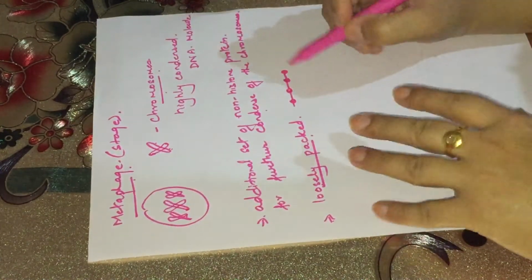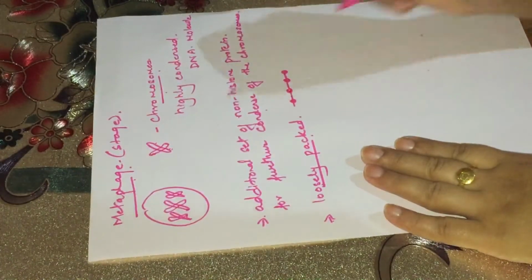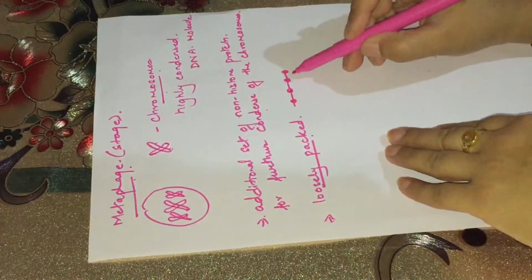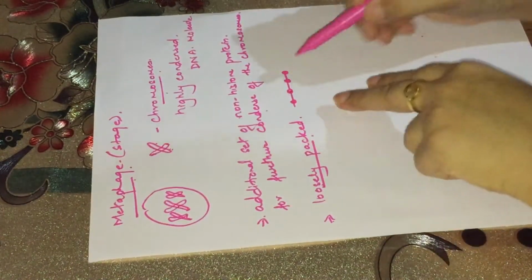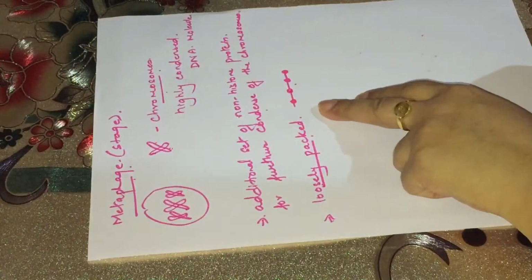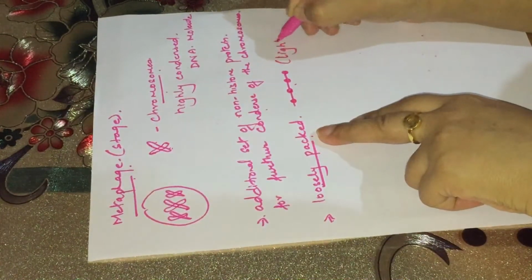When we color this chromatin for observation, if the chromatin is loosely packed, then it cannot absorb much of the stain. That's why it appears lighter in color.